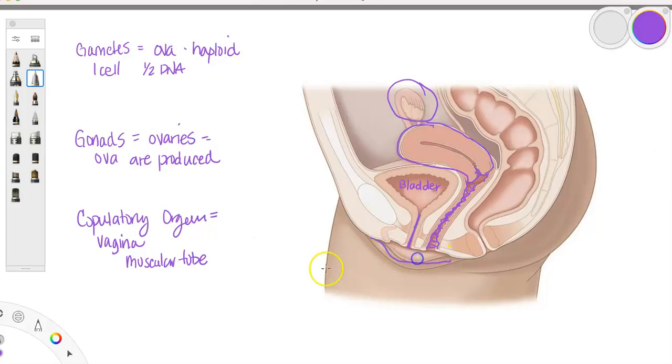So there's an area out here which is external reproductive anatomy called the vulva. And the vulva contains these little sort of lips that go around the opening of the vagina and the urethra.